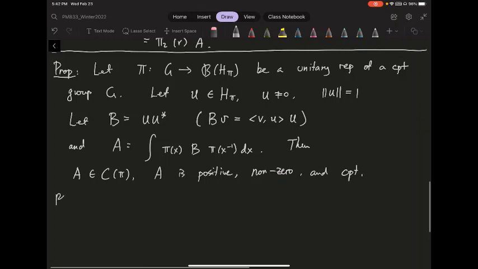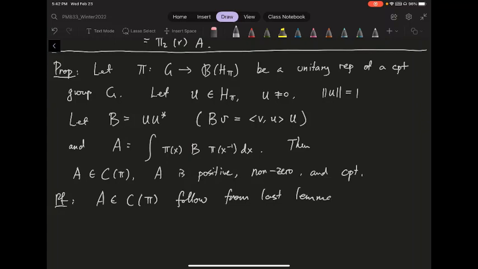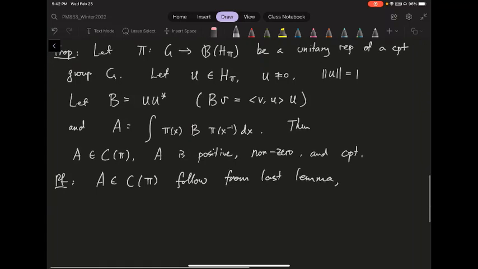So let's prove these facts. So this A inside the C of pi really just follows from the last lemma. We saw it from last time, so there's nothing to prove here. And let's just show that A is positive. So why is it positive?